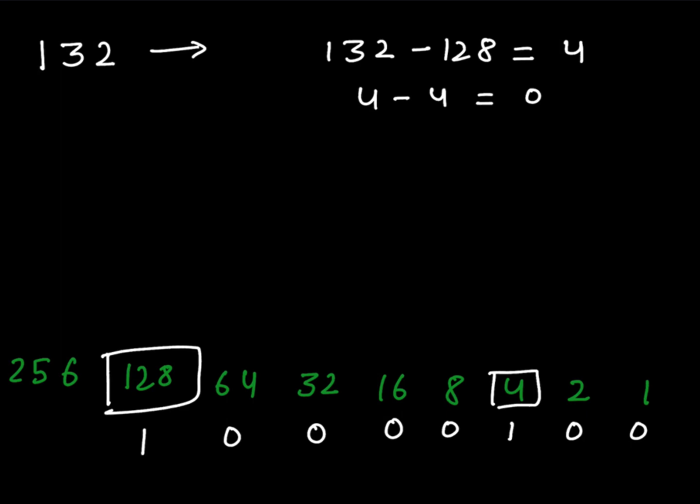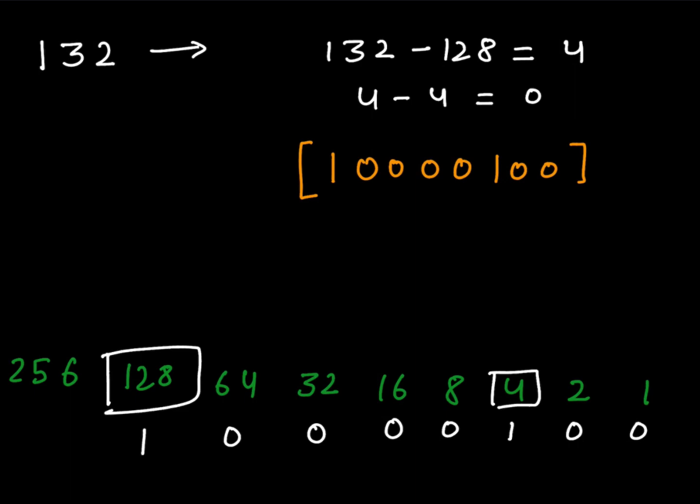So in binary, it is represented as 1 0 0 0 0 1 0 0. That is how it is represented in binary. Alright, so this was the method of subtraction.